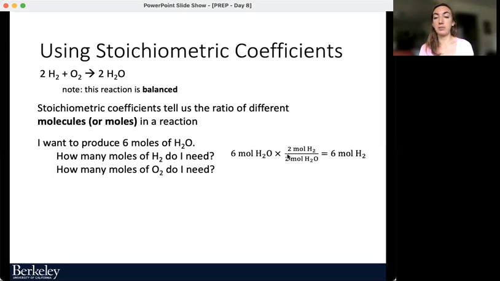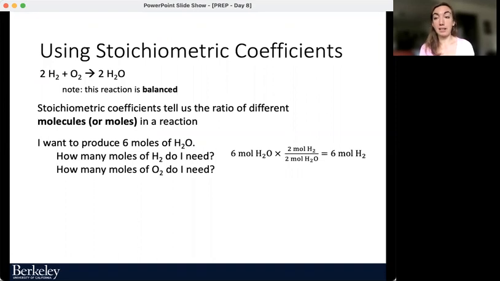Those 2s are just my stoichiometric coefficients. And now, just like I always do with my unit conversions, my moles of H2O cancel out, and I end up in units of moles of H2. So in order to make 6 moles of H2O, I need 6 moles of H2.